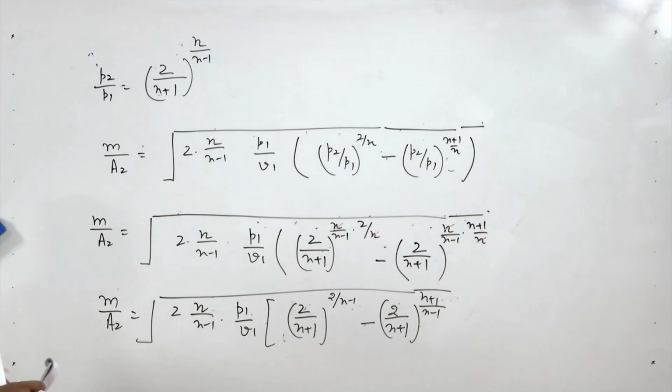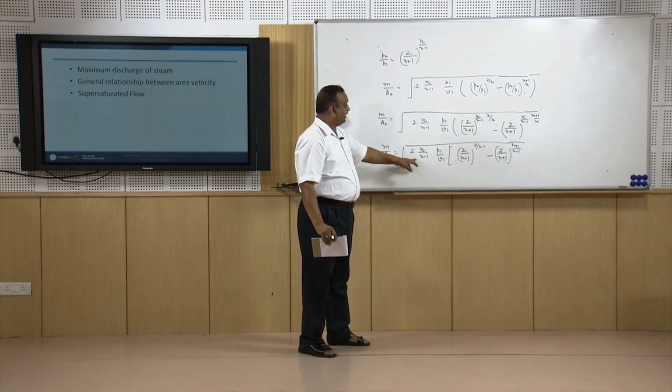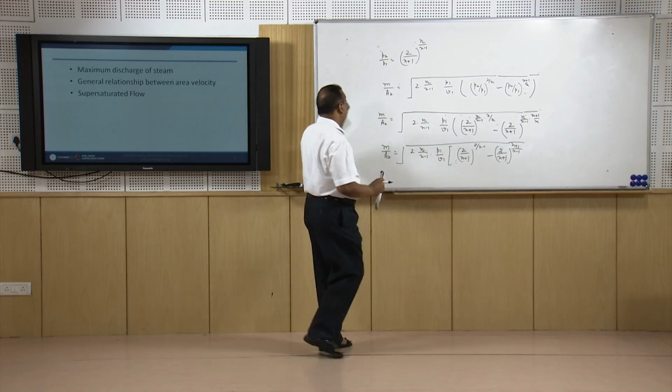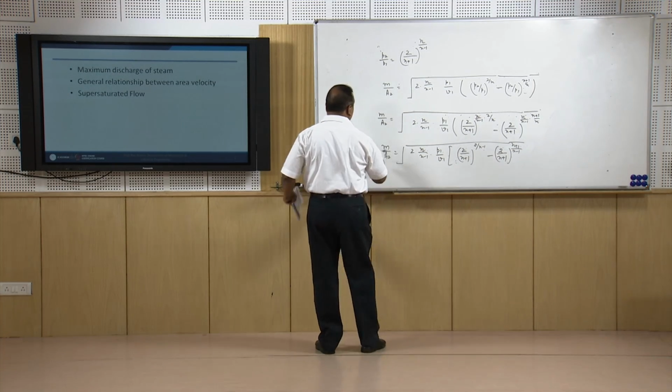Now, we will not further simplify it, because once we know the value of n, we can find the mass flow rate for a cross section area A2 or cross section area A.